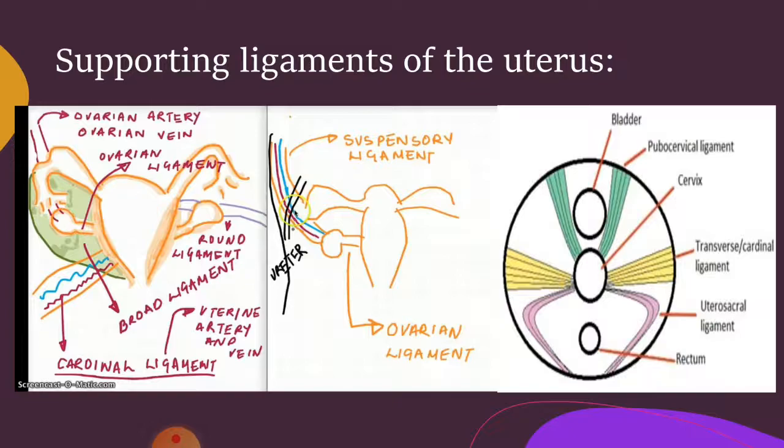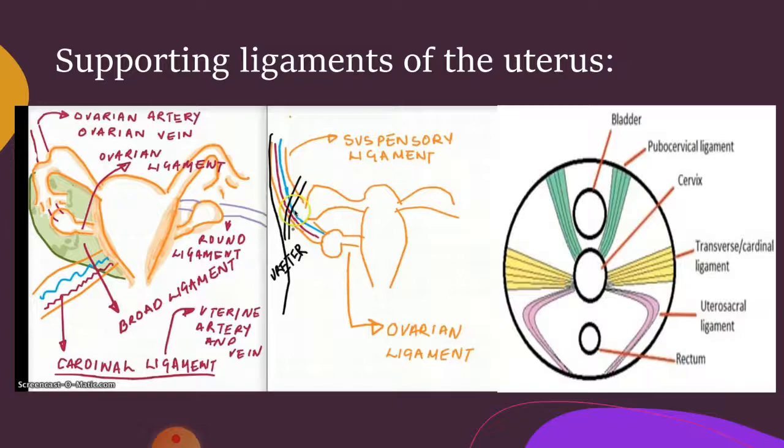The ovaries are attached to the posterior wall of the broad ligament, and the major function of this broad ligament is the passage of the blood and lymph vessels and the nerves to the uterus and the uterine tubes. So the major blood vessels, lymph vessels, and nerves will pass between the layers of the broad ligament to the uterus and the uterine tubes.